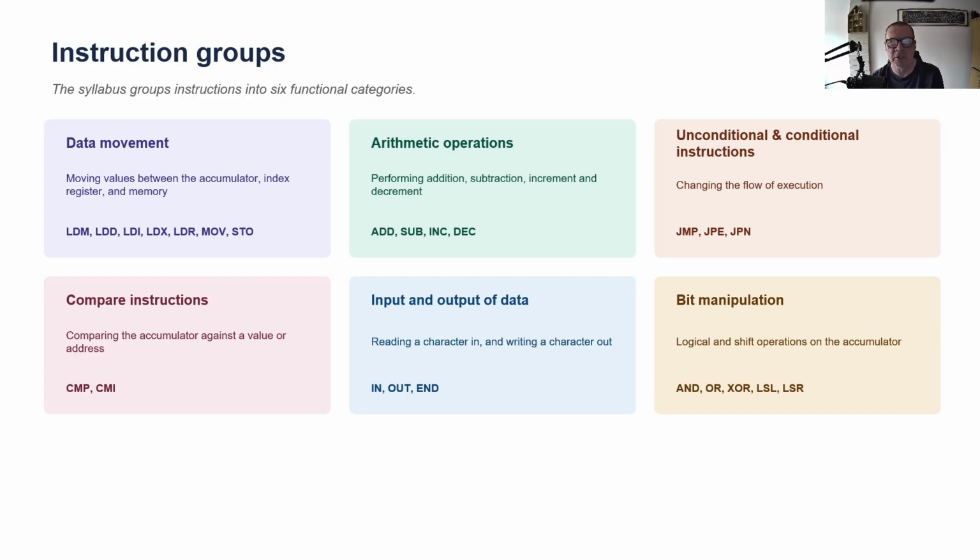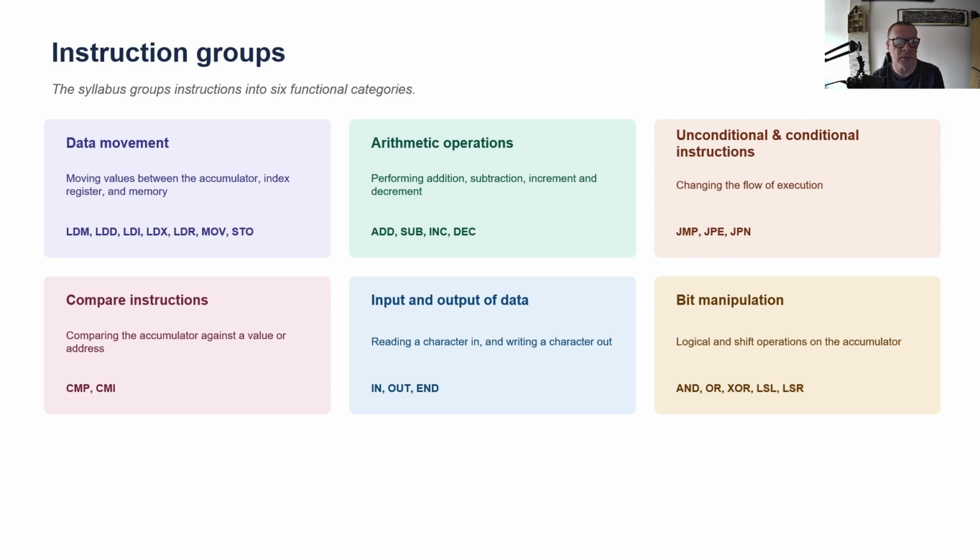These are for the flow of execution. We've got a jump. Jump is always jump regardless. And then we've got jump if equal and jump if negative. And in order to do jumps, the jump equals, the jump negatives, you need to know what happened when comparing things.